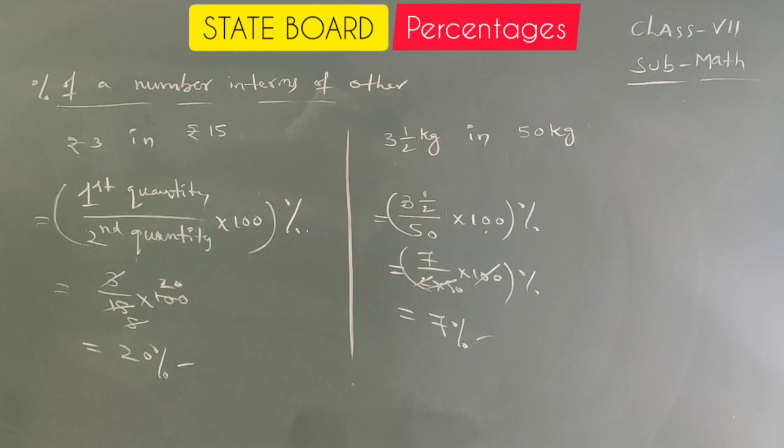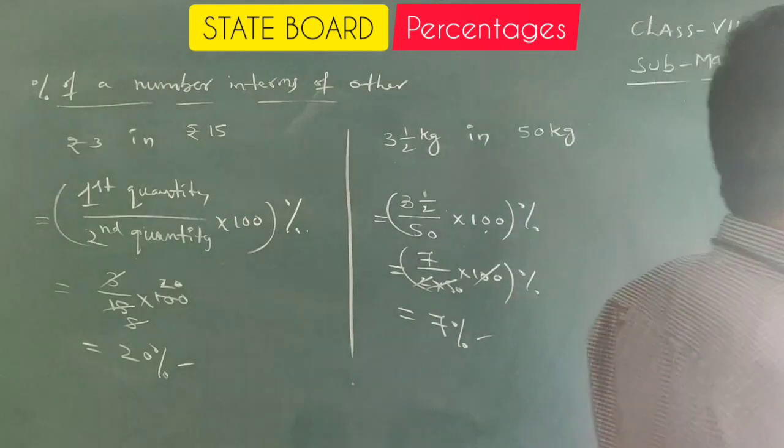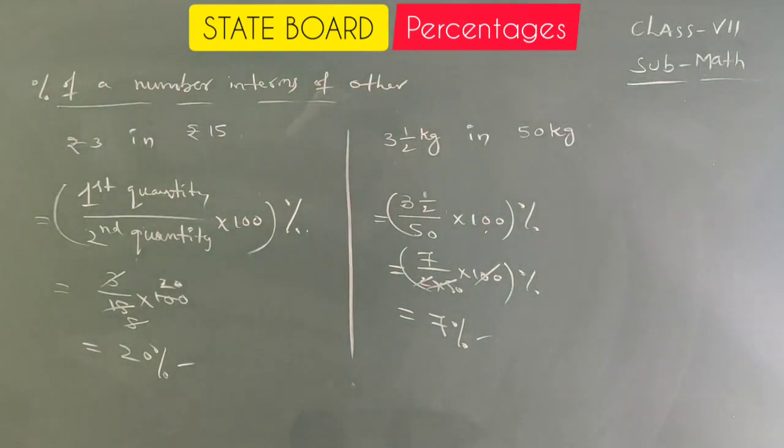Okay, 3.5 kg in 50 kg is 7%. These are the important measurements: percentage of one quantity in terms of another quantity.